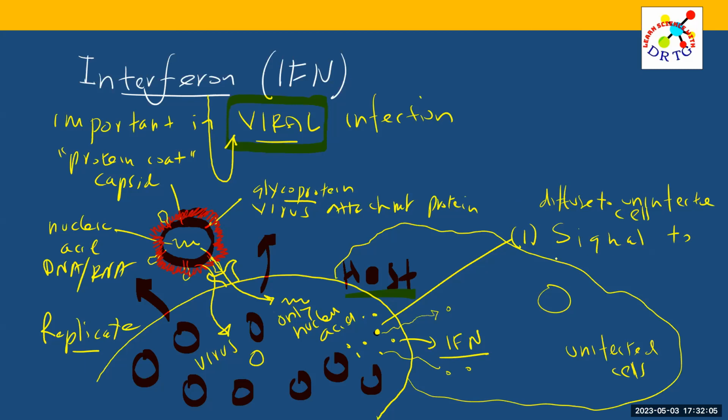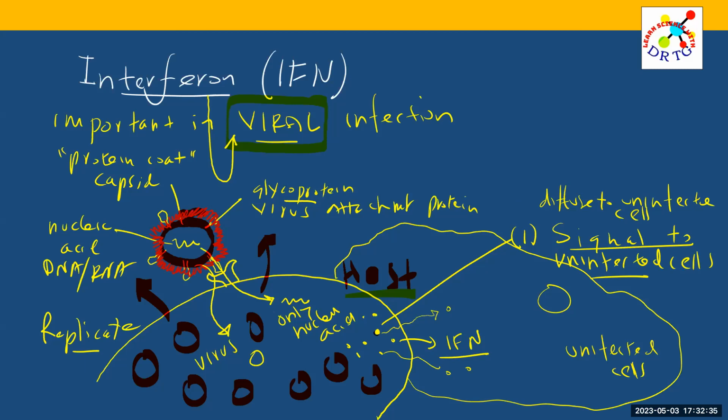So interferon diffuses to uninfected cells. It gives a signal to uninfected cells, like a warning signal. The warning signal is: we are under attack by a virus, please prepare for the situation. That's a little bit of an exaggeration, but to understand what is exactly happening, it is the same message.